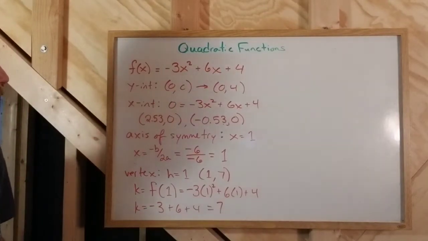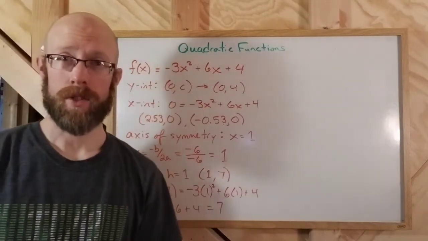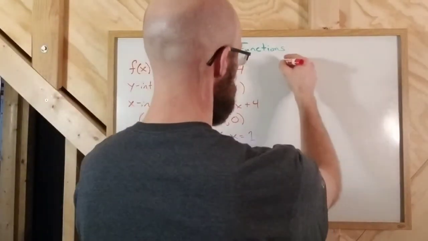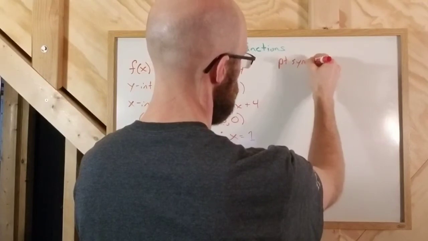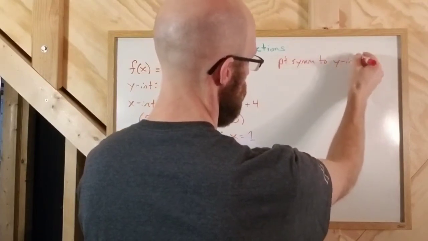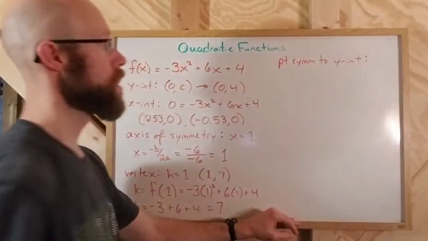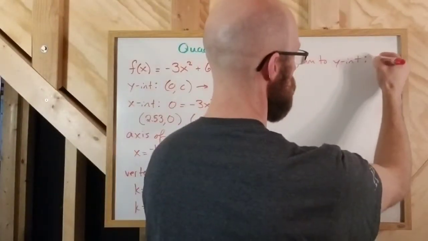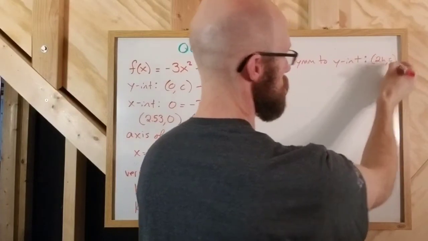All right. So that gives us quite a bit of information so far. I'm still missing a couple things. The point symmetric to the Y-intercept. Okay. Remember, the point symmetric to the Y-intercept is always the combination of 2h comma c.